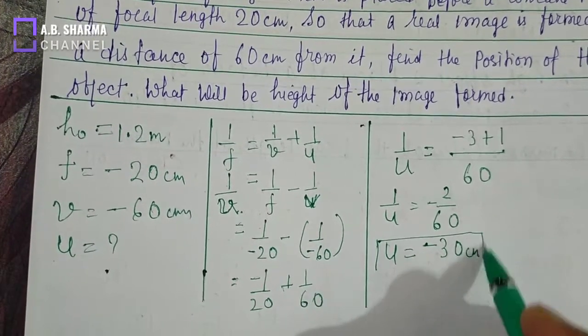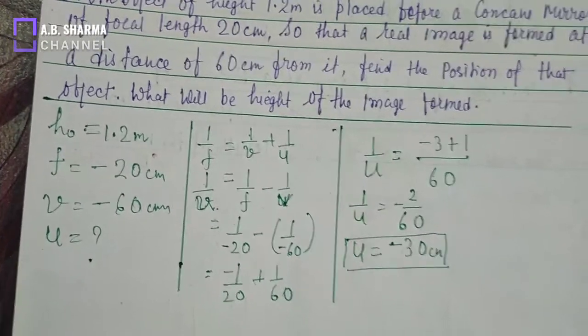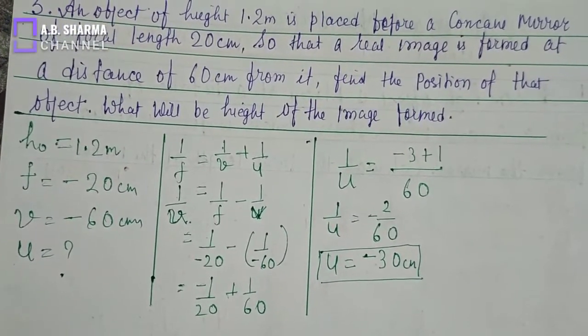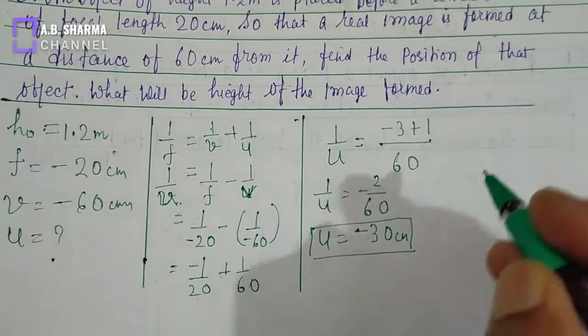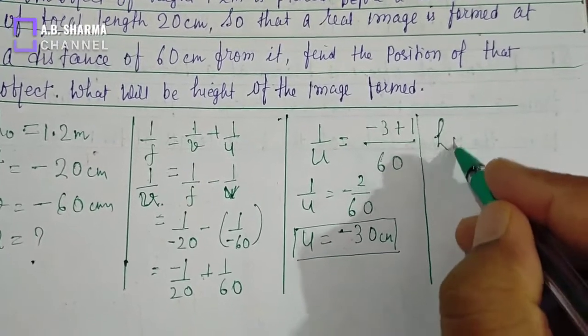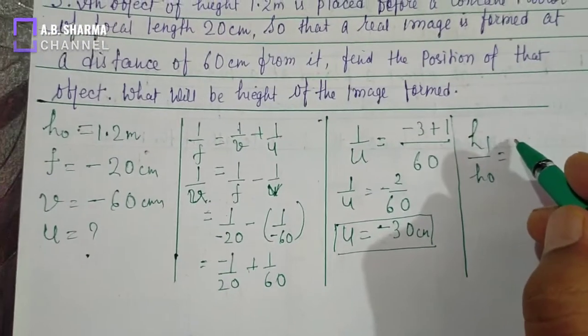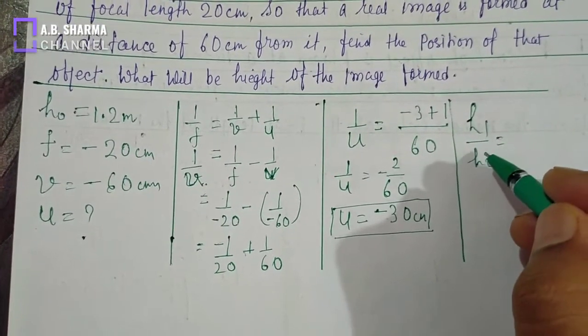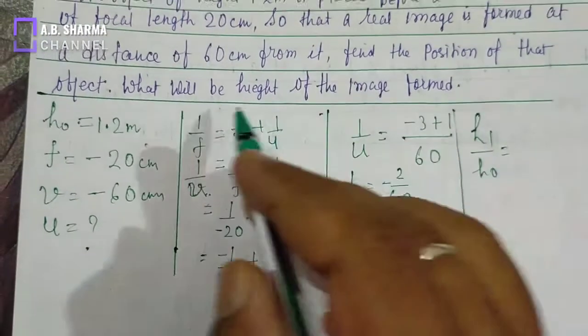This is how we calculated object distance. So object distance is minus 30 centimeter. Now we calculate hi upon ho. Hi is not given. We have to calculate what will be the height of the image.